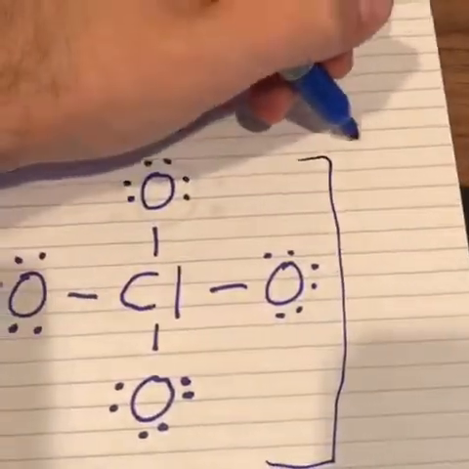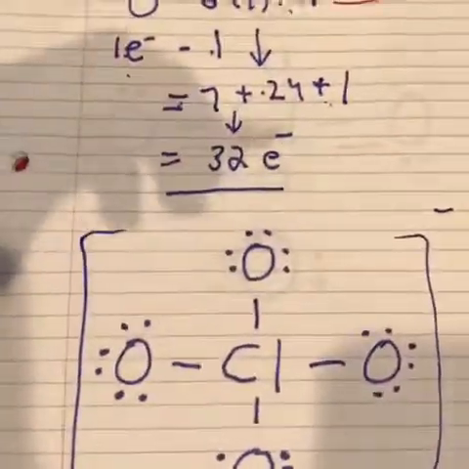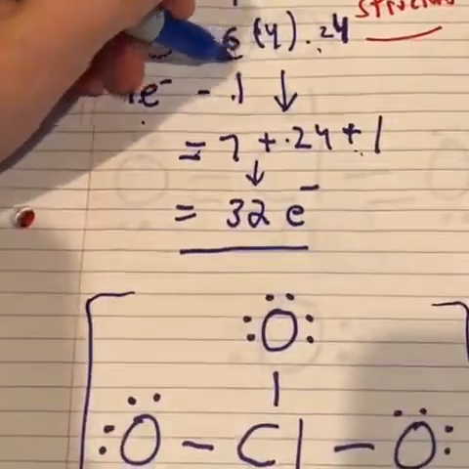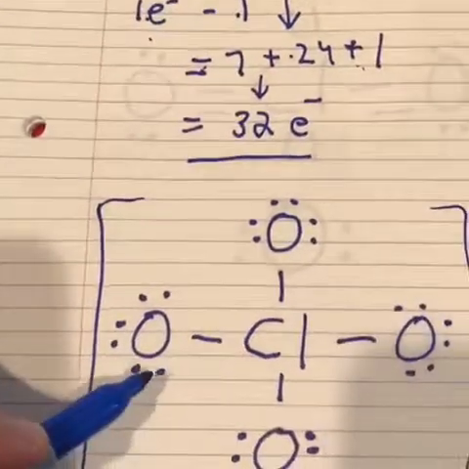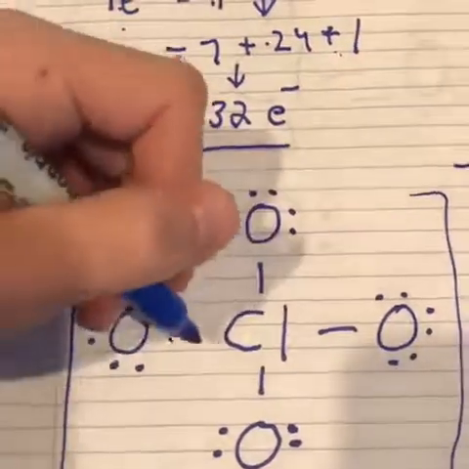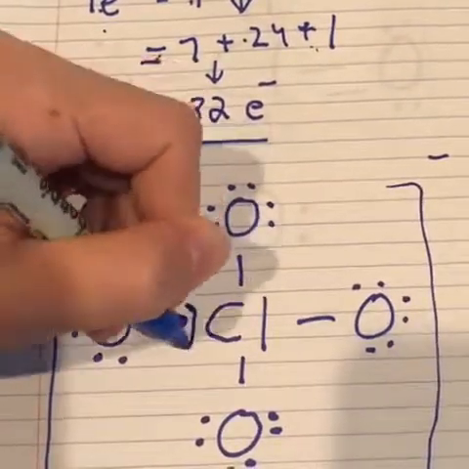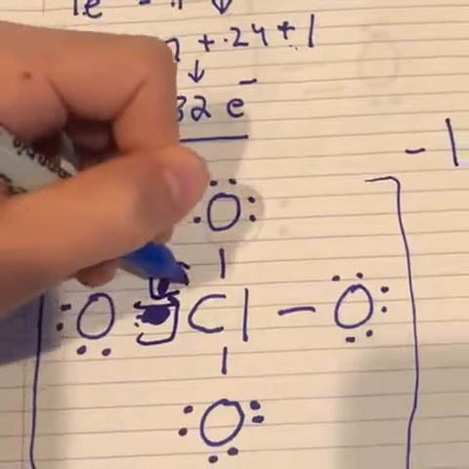Formal charges. This has a -1 formal charge on it. Now, oxygen needs 6 valence electrons usually. How many does it have here? 1, 2, 3, 4, 5, 6, 7. Remember, this bond is really two electrons, and oxygen owns one of them, and chlorine owns the other one.